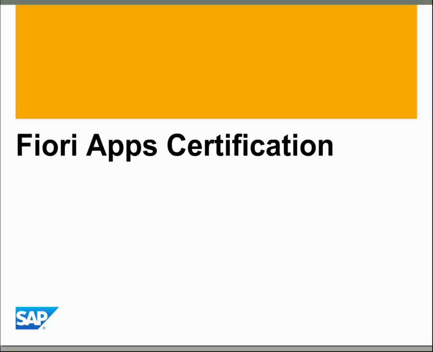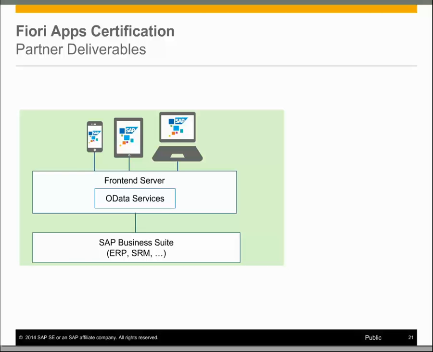So with this, I'm going to jump into SAP Fiori App certification. So first, let's look into what are the deliverables for partner delivered Fiori apps. So as we saw earlier in the SAP Fiori architecture, there are two components, the front-end server and the back-end server.